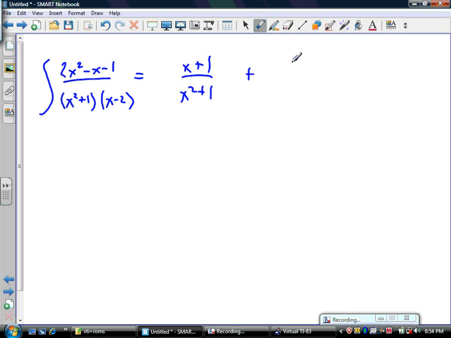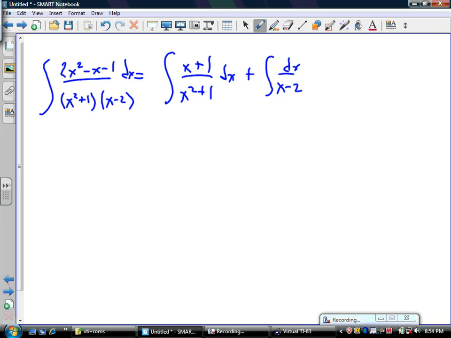Plus, what was it? A over x minus 2, and A was 1. Now I'm just going to put in the integrals and the dx's again. Integral, dx. Integral, dx. Now you can integrate.